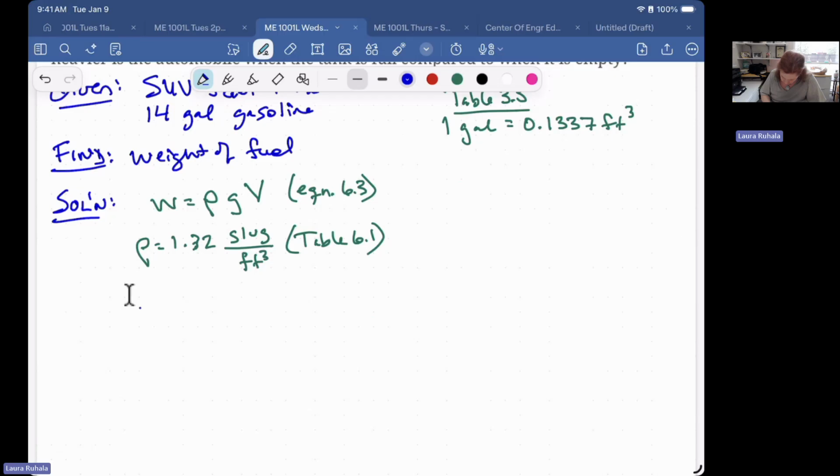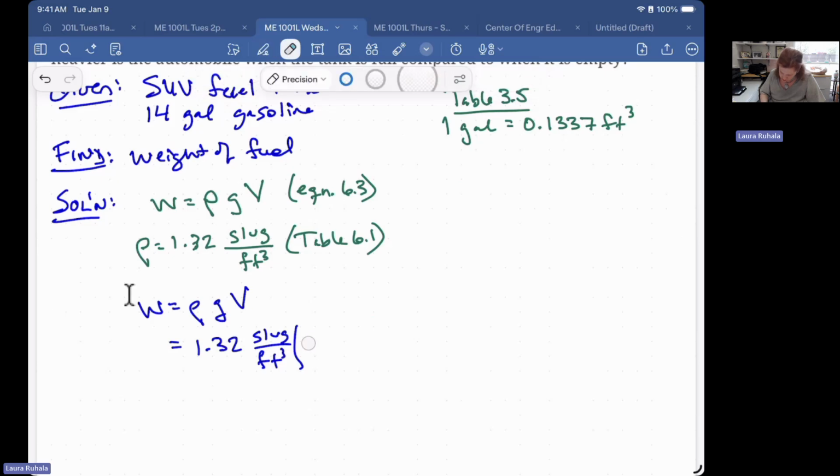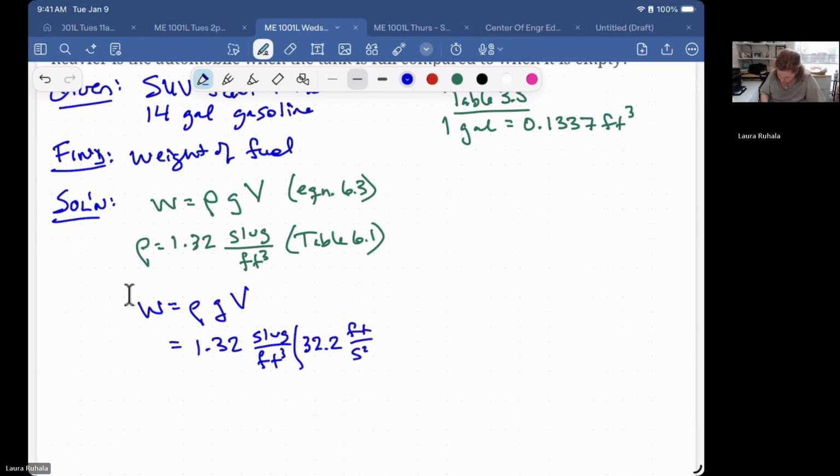That's from table 3.5. All right, so now it's pretty much plug and chug. The weight is equal to density times gravity times volume. Density is 1.32 slug per cubic foot. The gravity would be not 9.81, but 32.2 foot per second squared.